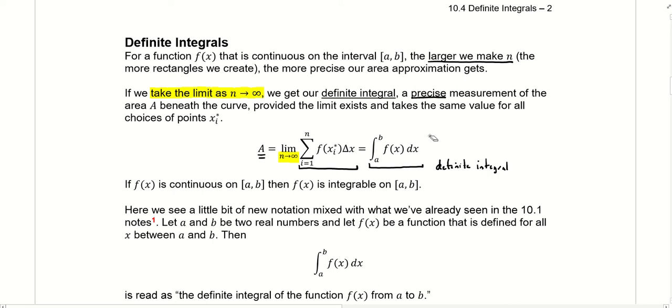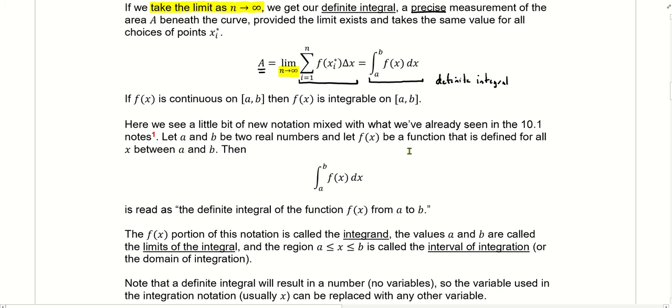Now, I want to mention a couple things about the notation for the definite integral. So the notation should look somewhat similar to what we saw in the 10.1 notes. The real difference now is we have these things, this a and this b. So let a and b be the values of the interval that we're interested in.